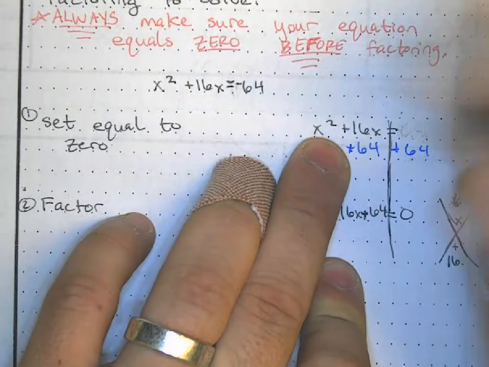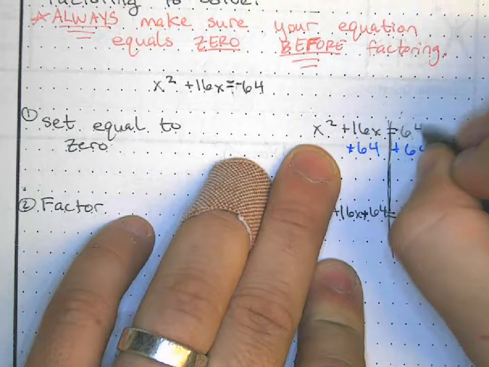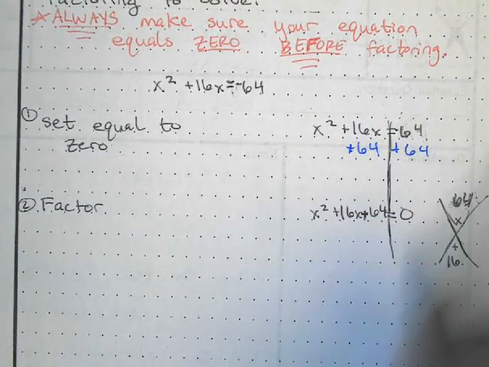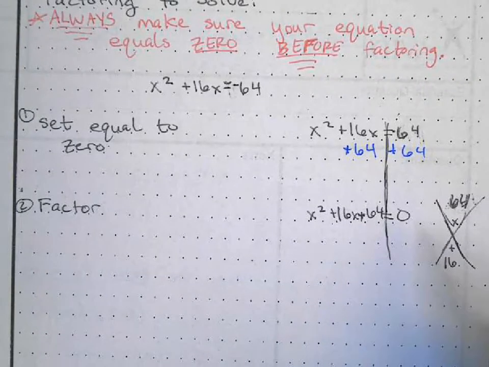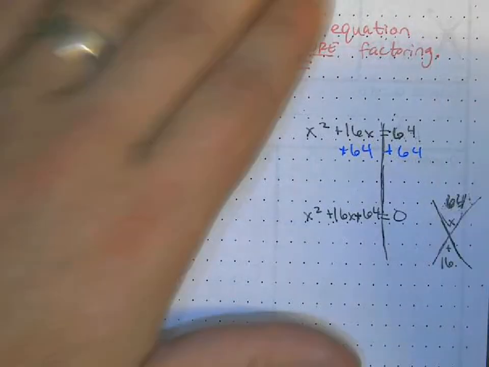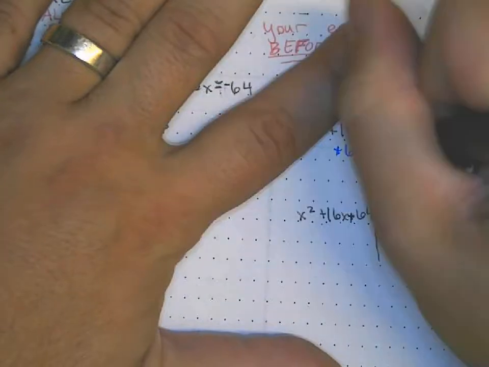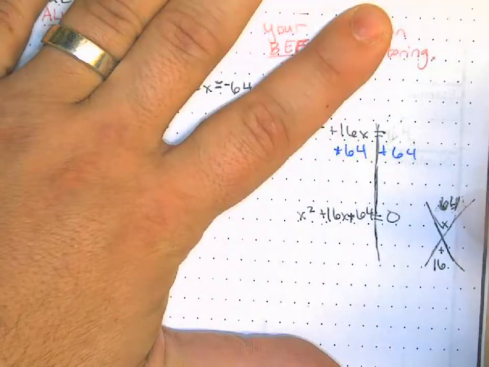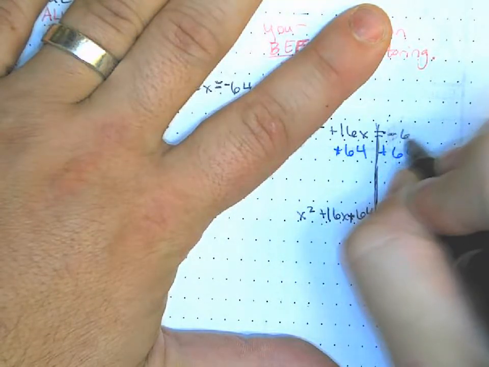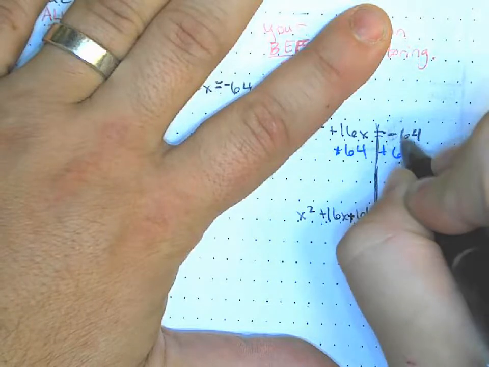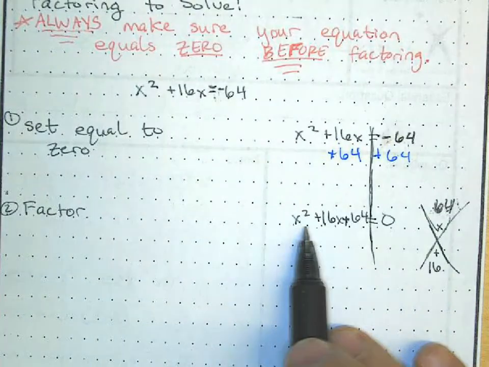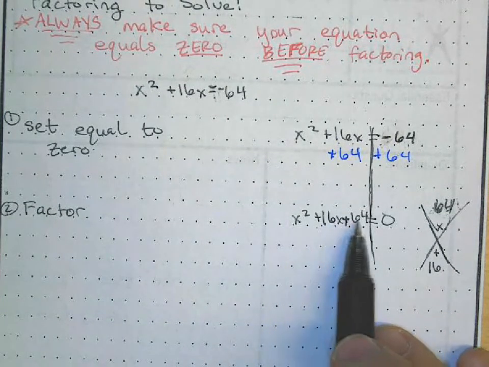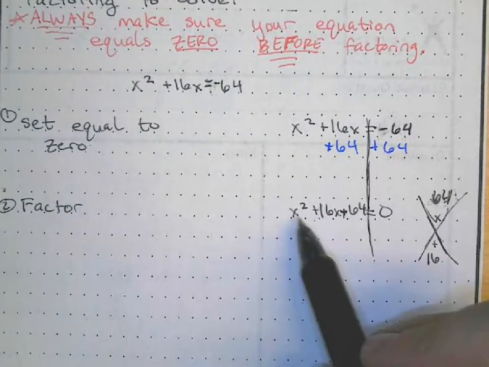And then I need to add 64 to both sides. So I'm adding 64 to both sides, and now I have x squared plus 16x plus 64 equals 0.